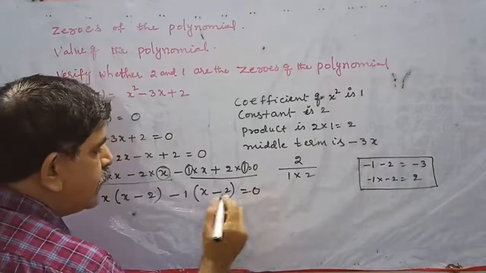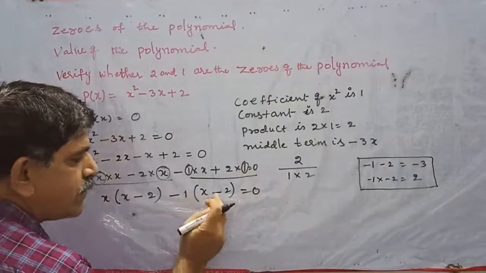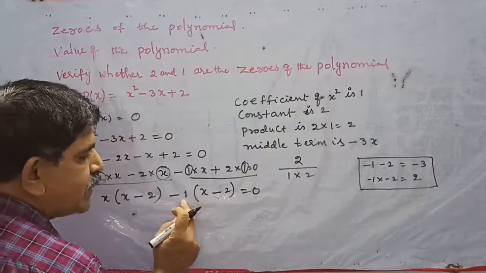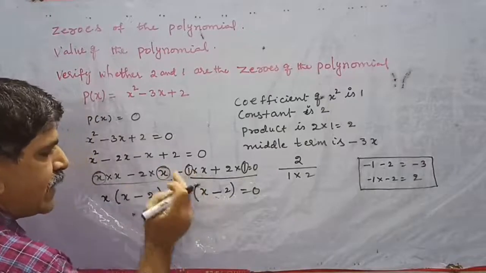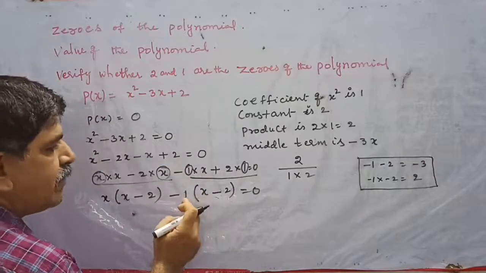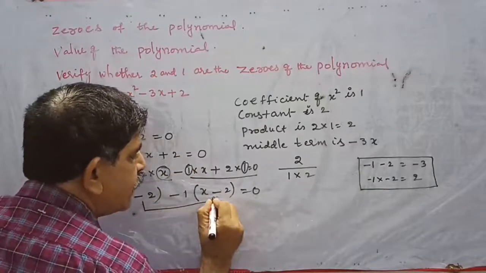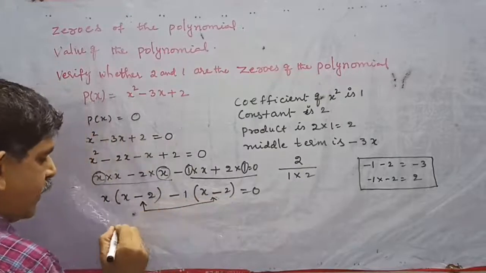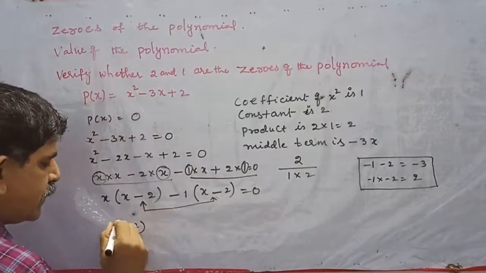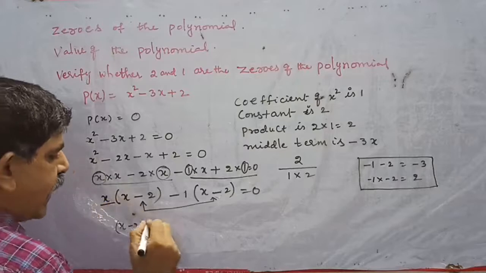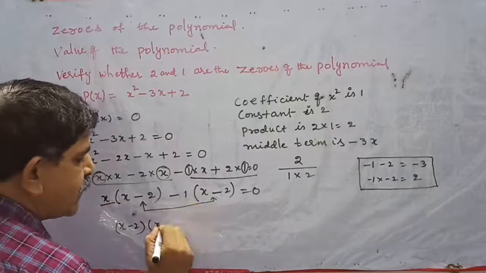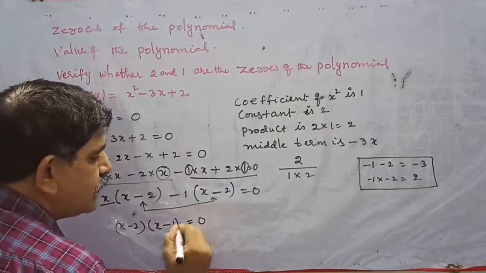Now you multiply this x minus 2 with minus 1: minus 1 into x is minus x, minus into minus is plus 1 into 2 is 2. So from these two you take out one factor, x minus 2. Next one, here x and here minus 1, is equal to 0.